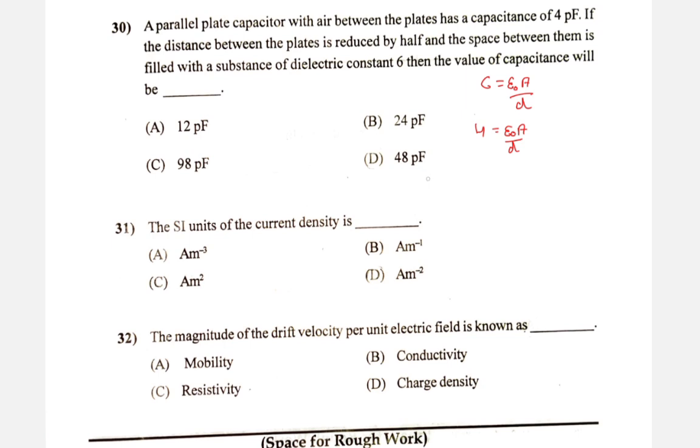Now the separation, for example C dash, is d by 2, so epsilon 0 A by d by 2, therefore C dash is equal to 2C, which is 2 into 4, equal to 8 picofarad. But here the dielectric constant is 6, which means C double dash is equal to KC, which is 6 into 8. So the answer will be 48 picofarad.